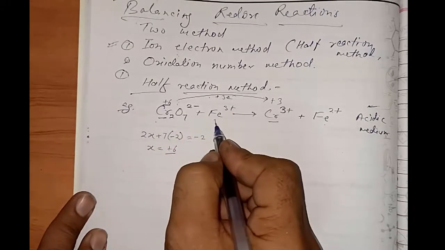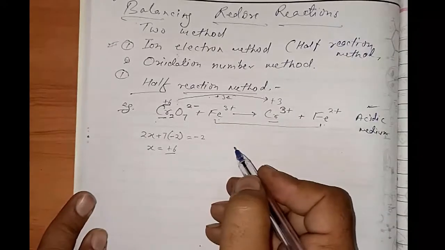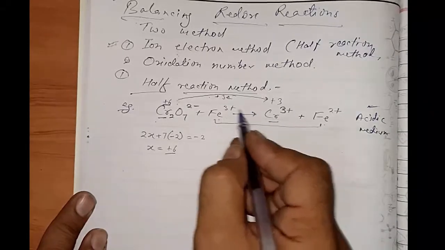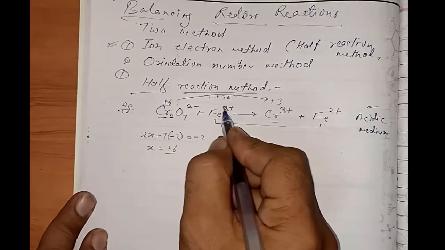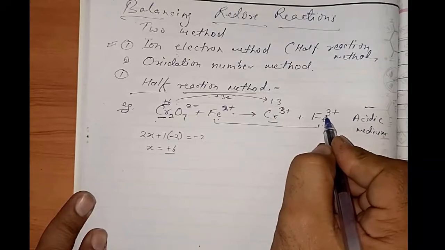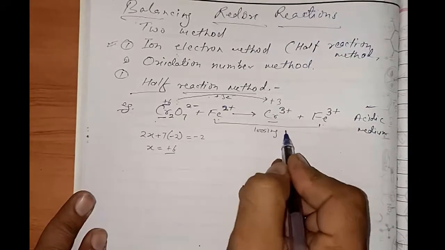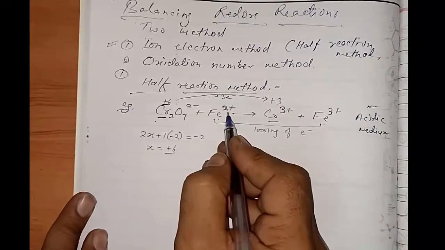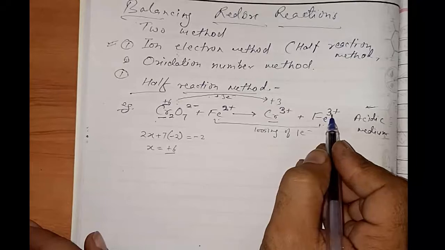Now what about this one? Sorry, this one must be plus 2, and this one will be plus 3. Here losing of electron is taking place. Fe2+ loses 1 electron and converts into Fe3+ ion.